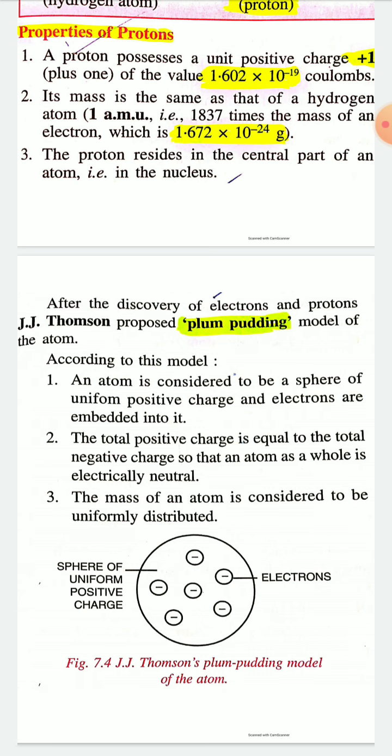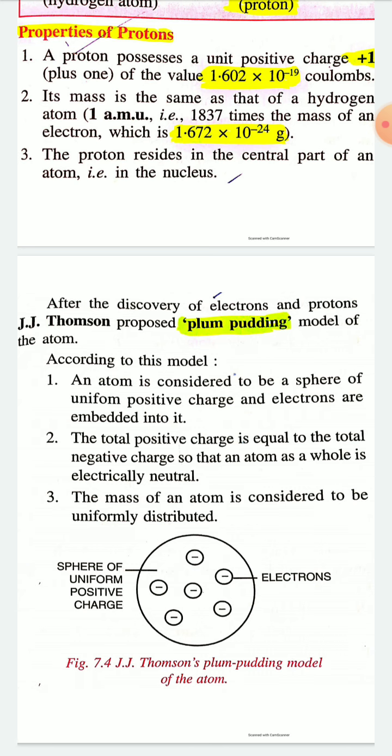The total positive charge is equal to the total negative charge, so that an atom as a whole is electrically neutral. The mass of an atom is considered to be uniformly distributed. This is the plum pudding model of atom.